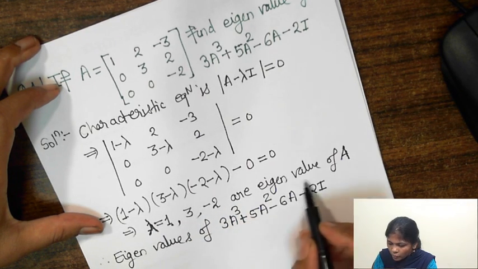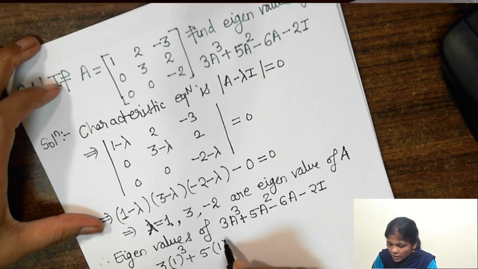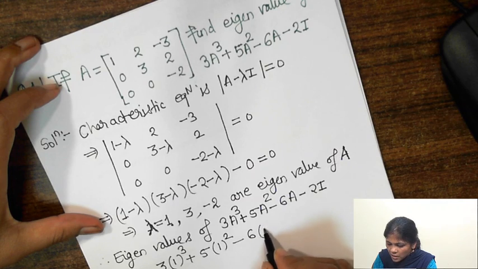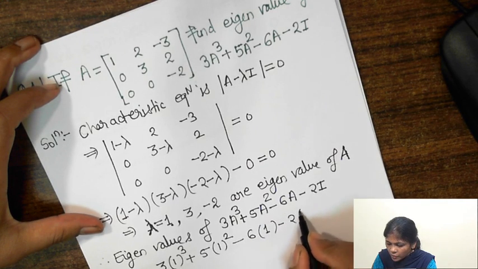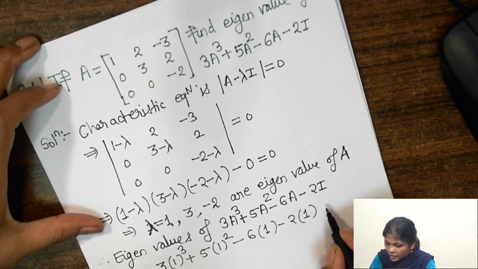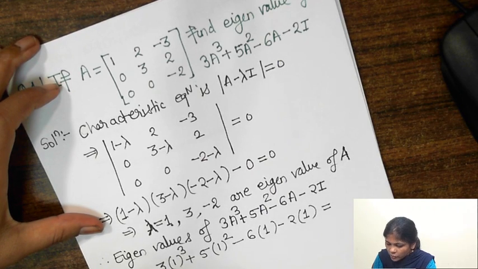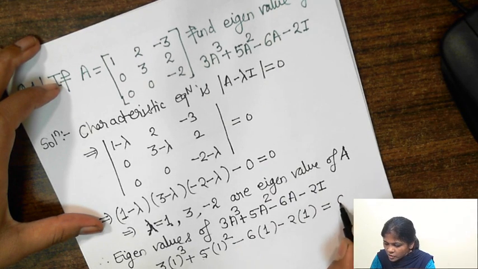So it will be 3 into 1 cube plus 5 into 1 square minus 6 into 1 minus 2 into 1, as the eigenvalue of the identity matrix is 1. Simplify this: 3 plus 5 is 8, then minus 6 minus 2. How much is it? 0. So this is our first eigenvalue.